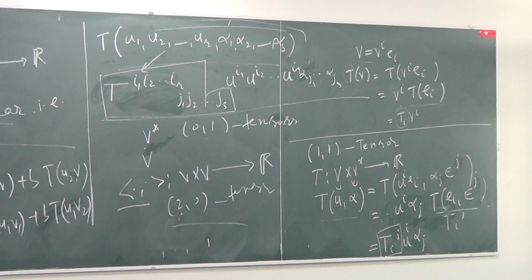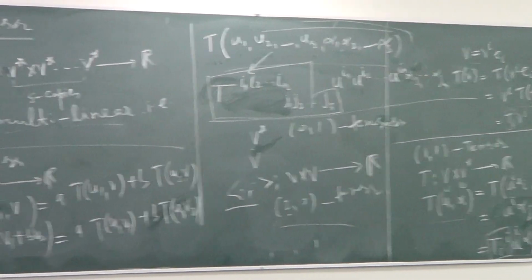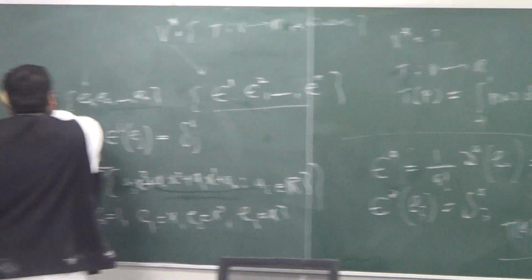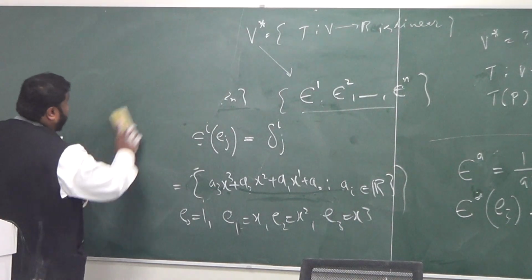I want to make these things even more rigorous. So let me define some things called the tensor products, and then the tensor spaces, actually.